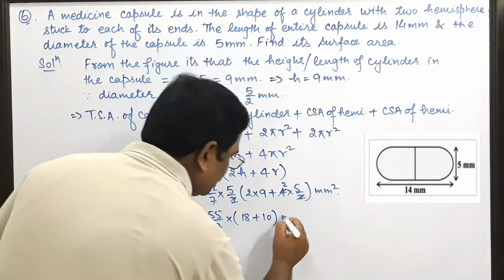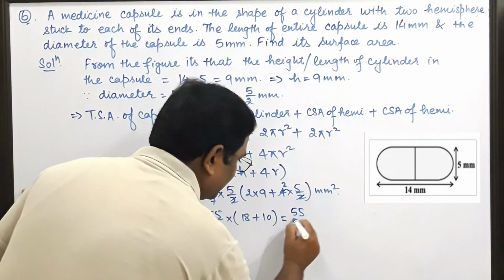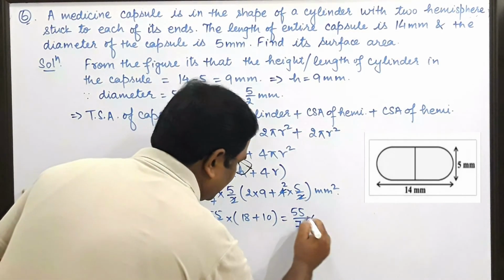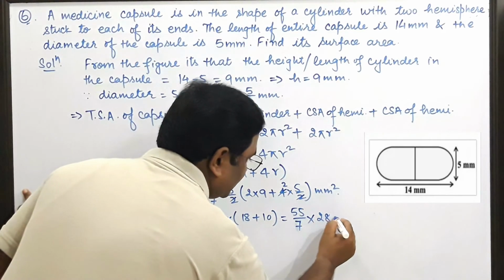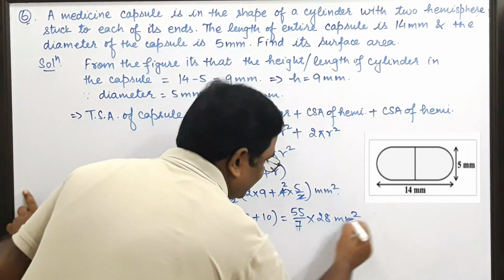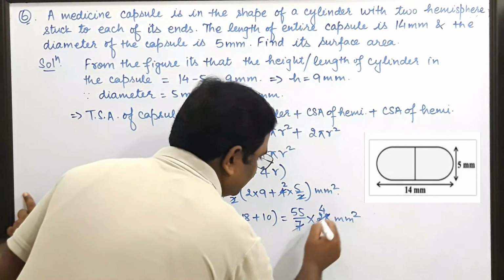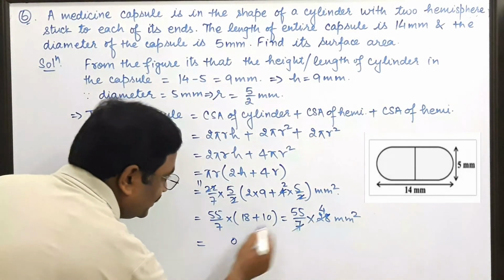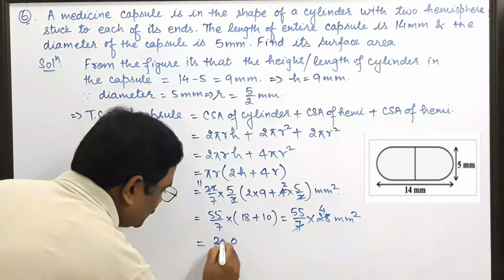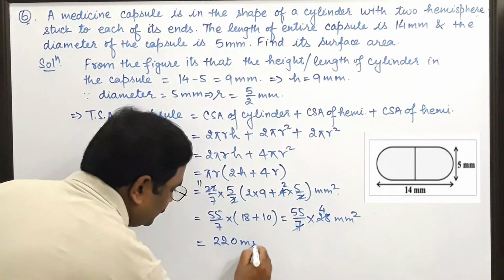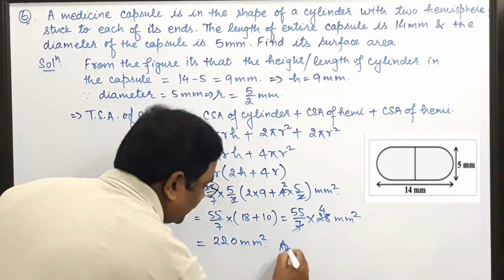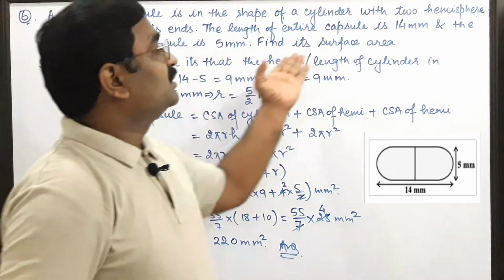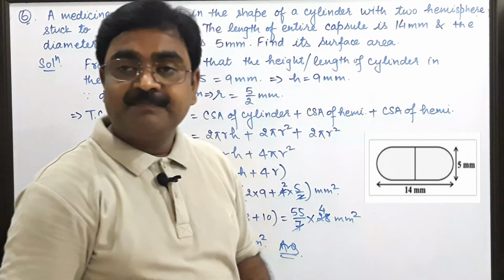That is equal to 55 upon 7 multiplied by 28 millimeter square, and 7 4s are 28. So 4 multiplied by 55, 5 4s are 20, 5 4s are 20 plus 2 is 220 millimeter square is the required answer, meaning the total surface area of the capsule.